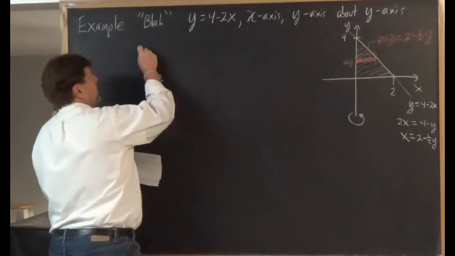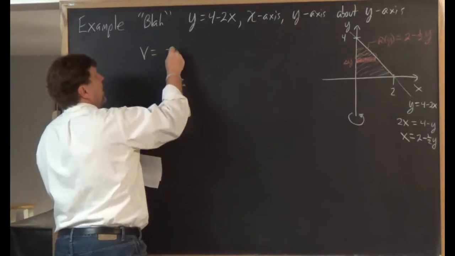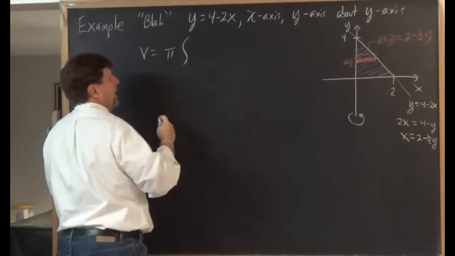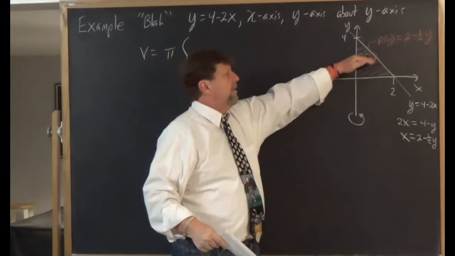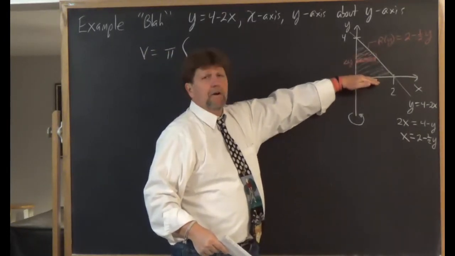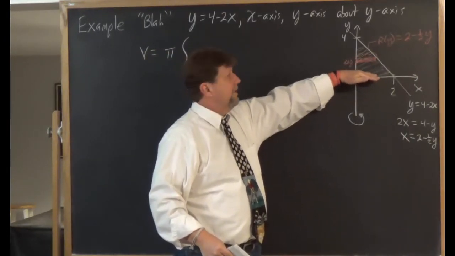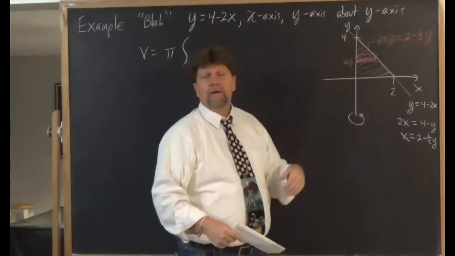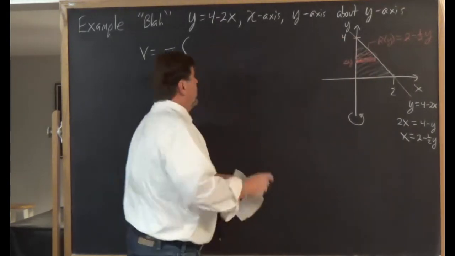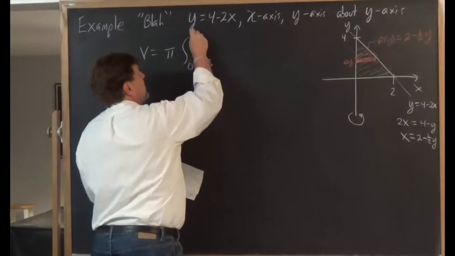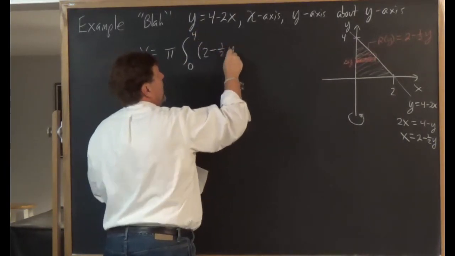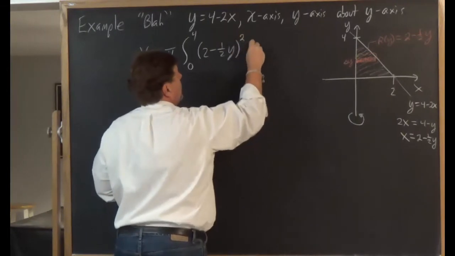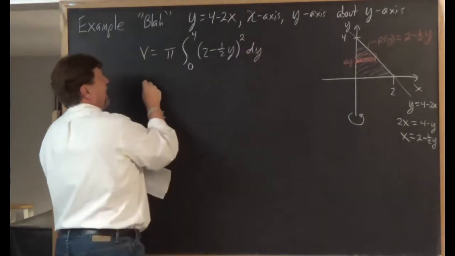So here we go: volume, disk method, pi, integrate. My limits of integration, because it's a horizontal rectangle, go from a lower limit of 0 up to an upper limit of 4. So I'm integrating from 0 to 4 of 2 minus 1/2 y, quantity squared, dy.